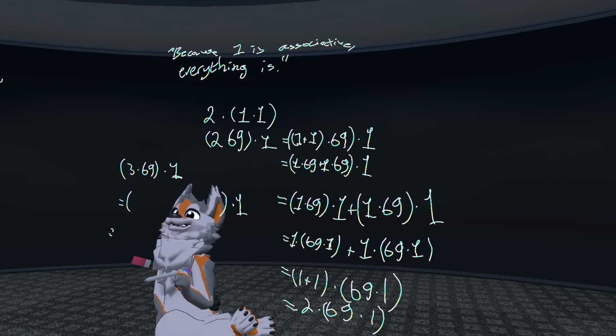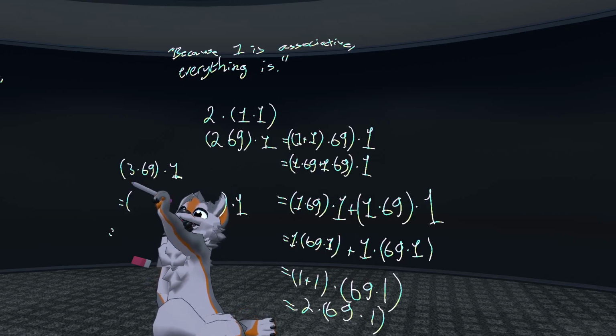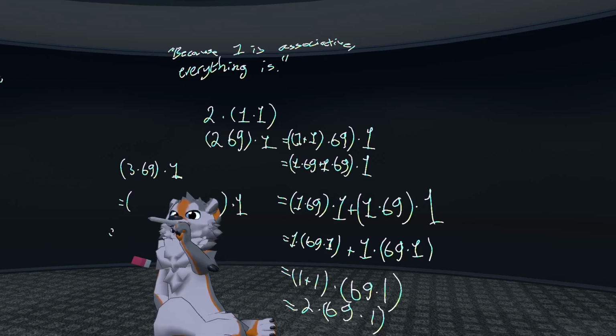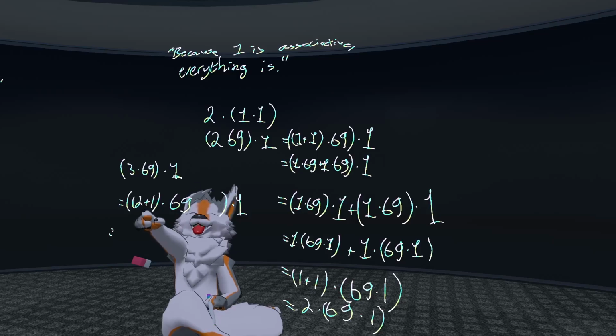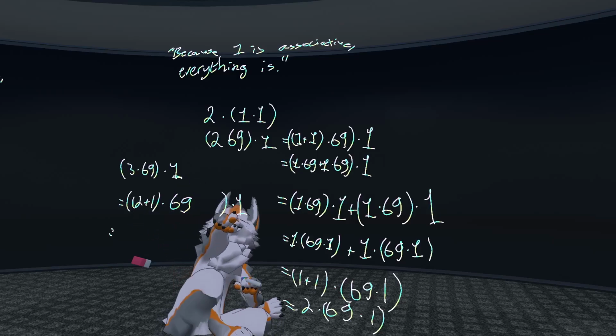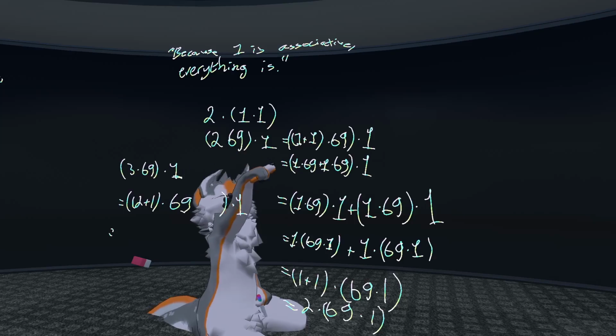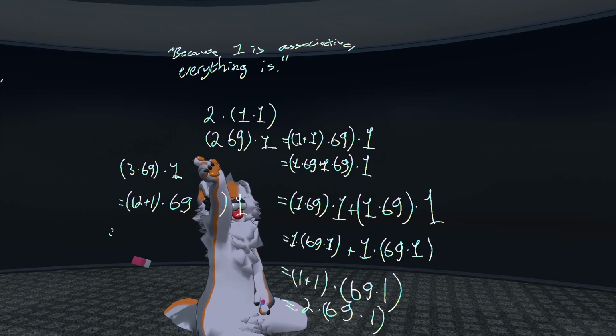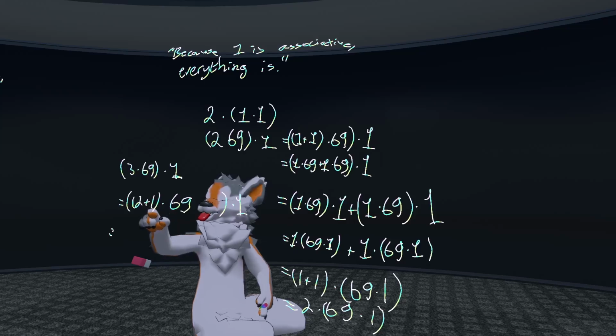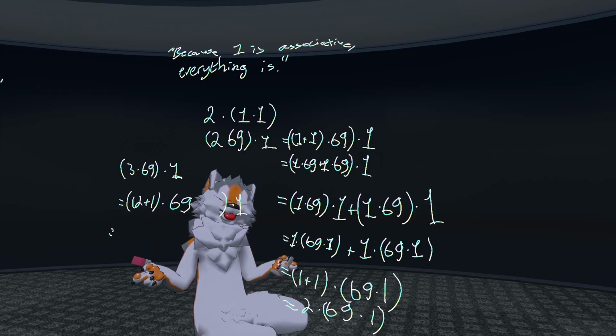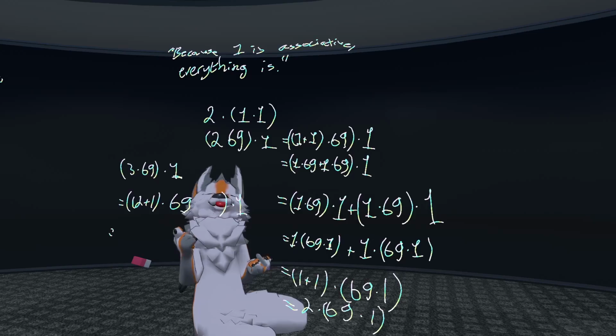But alternatively, we can decompose this 3 into 2 parts, right? So that 3 is going to be 2 plus 1, times 69. Now, why is that good? Well, 2 is good because we already know that 2, in some sense, behaves associatively. And 1 is good because 1 is an easy number to work with.